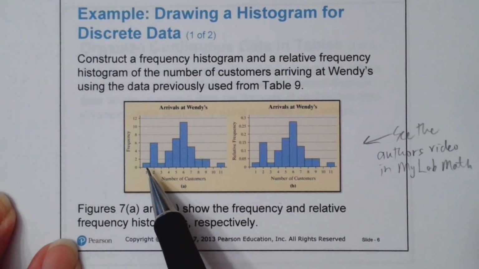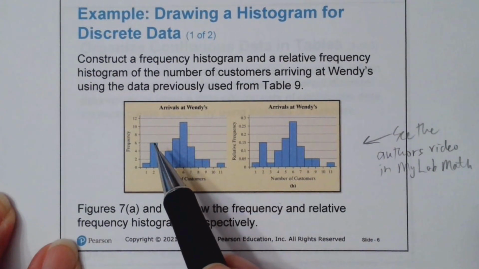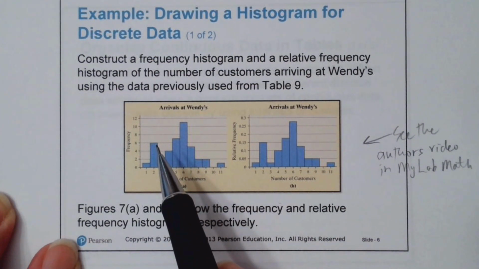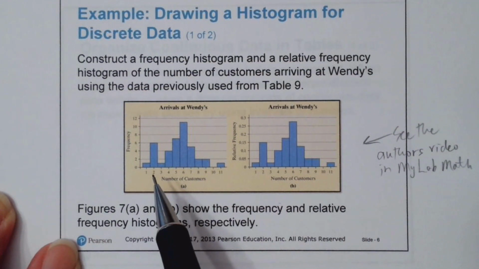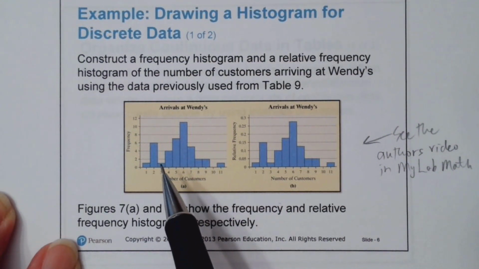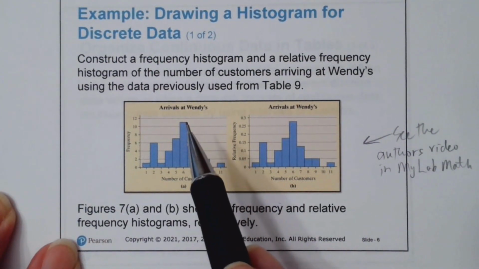there was one time where 1 person came in a 15-minute interval. Remember, these are our frequencies. Here you have 6. 6 times you had 2 people. 1 time you had 3, and so on. And if you add up all those frequencies, remember the one that occurred the most was 6 people, and that happened, you can see, 11 times.